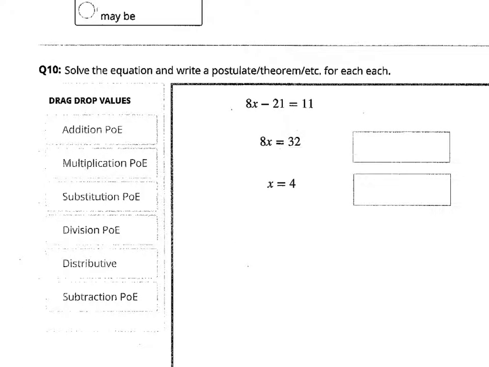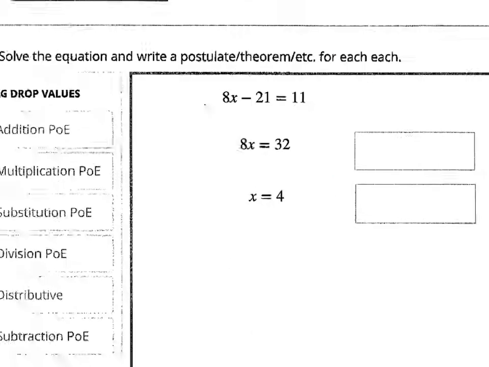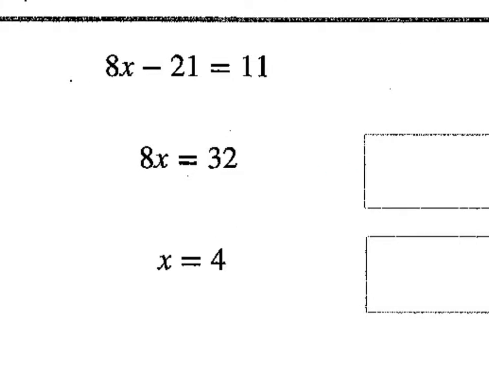Okay, guys, and number 10, you're to solve this equation and write the postulate or theorem. So you're going to drag and drop one of these for each of these two boxes. So let's take a look at the problem. Zoom in. You can see from the beginning of the equation to the next step, they had to add 21.